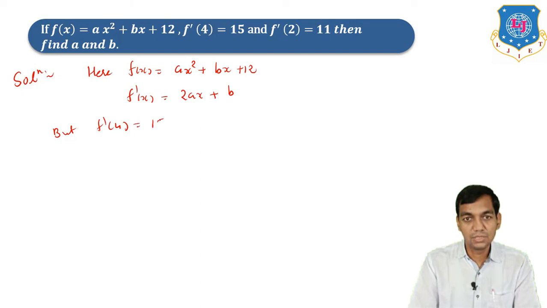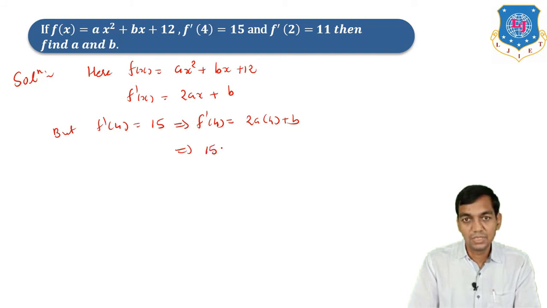But f dash of 4 is equal to 15. So here we are going to put x is equal to 4. So f dash of 4, that is 15, is equal to 2a into 4 plus b. If you are not aware of it, then first we are going to write this as f dash of 4, x is equal to 4.